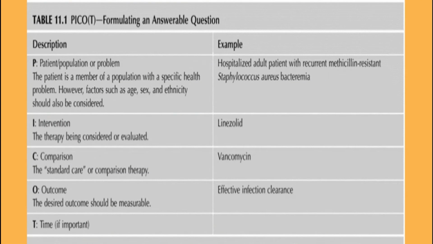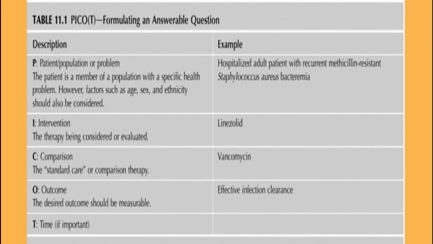Okay, so nakikita nyo ngayon guys sa table 11.1, your PICOT, which is used in formulating an answerable question. Makikita nyo sa description, we have there your PICOT: P for patient, I for intervention, C for comparison, O for outcome, and T for time.